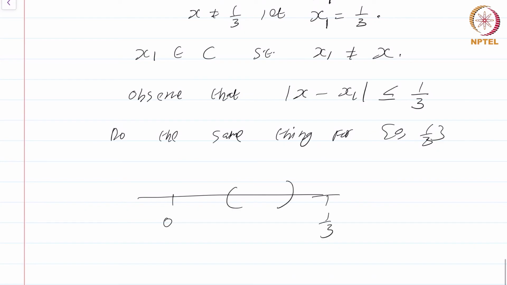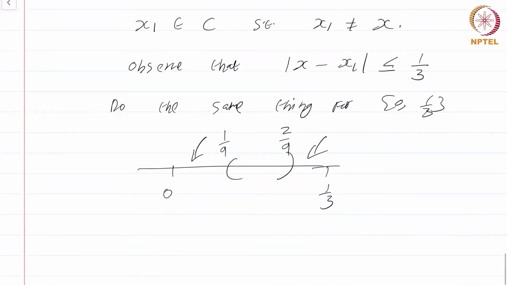So this is going to be 2 by 9, and sorry, this is not 2 by 9. This is 1 by 9, and this is 2 by 9, right? X has got to be either here or here, depending on where x is.